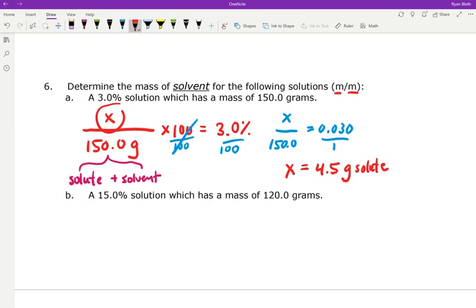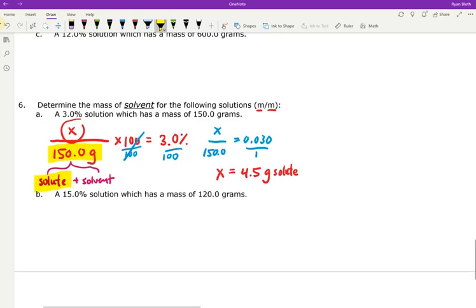And this is why nouns are important. This isn't what the question asked me for. They want the solvent. However, I know then that if the solution's mass, which was given to us in this problem as 150 grams, and if I know that 4.5 grams of that is the solute, which I can see down here in the bottom, the rest of that 150 must be the solvent's mass.